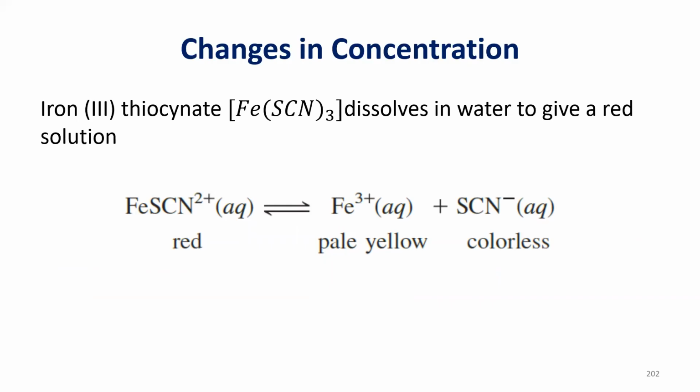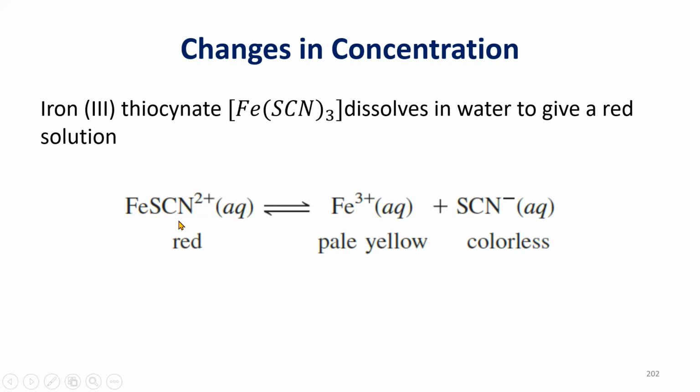And we look at an example of a reaction here. Iron thiocyanate, which is given by this formula, dissolves in water to give a red solution. Okay, so the red solution is because of the existence of these ions here, the ones that have a red color.